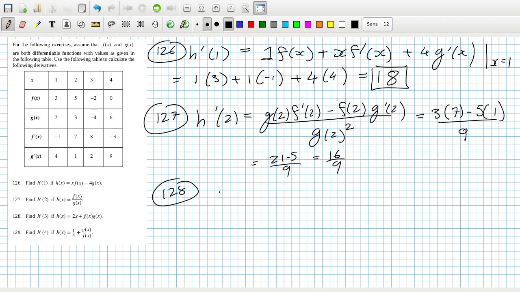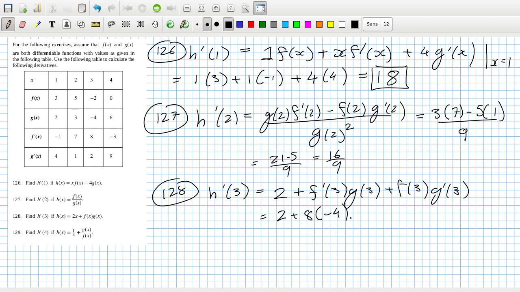128. h'(3) will be 2 plus f'(3) g(3) plus f(3) g'(3), which will be 2 plus 8 times minus 4 plus minus 2 f of 3, and then g' of 3, which is 2.